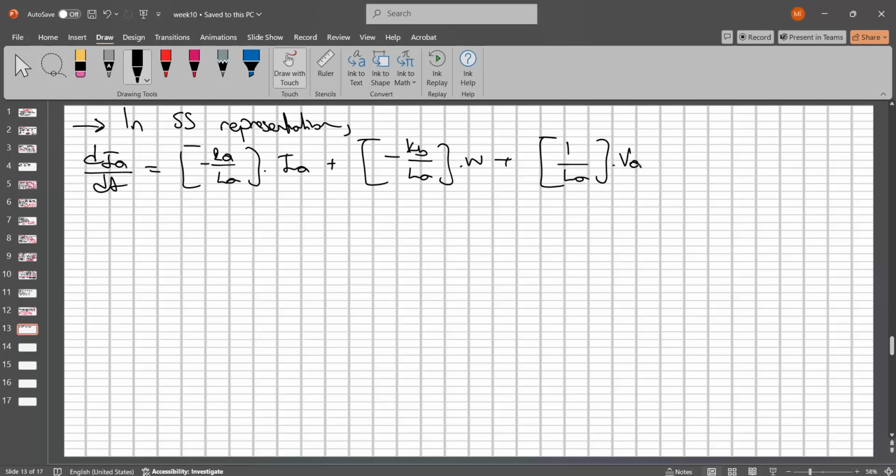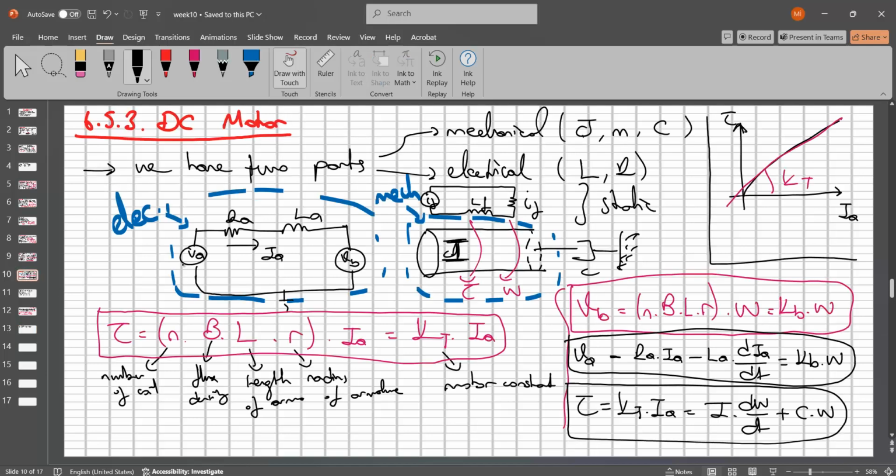How can we write this equation? It's based on the armature current, the electrical theorem. This equation is written in the state space form.